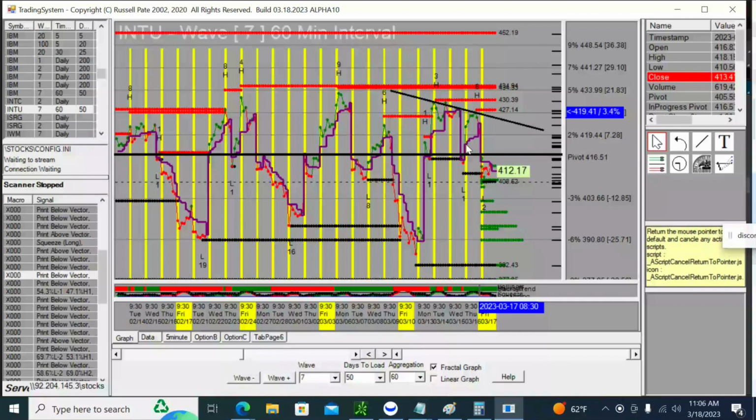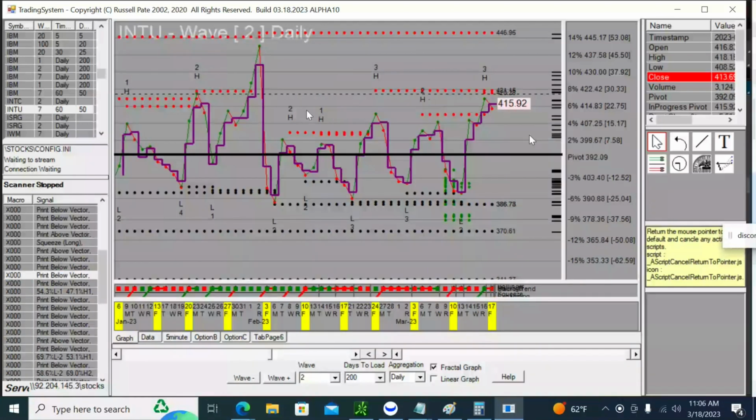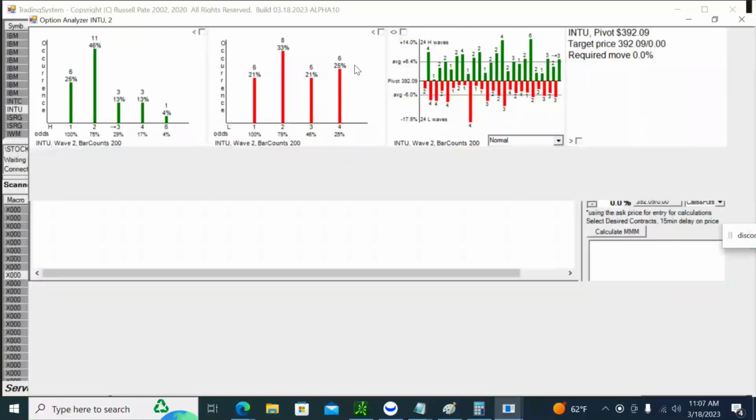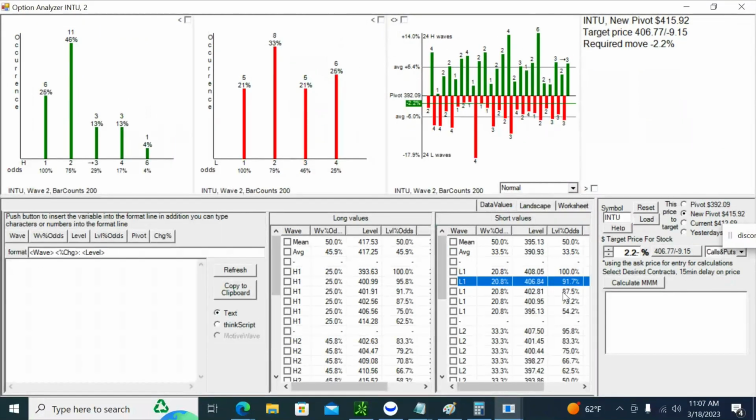Or I can just use this graph too. Where we start to go short, we could come in here and look at the L1s and see where our targets could be.